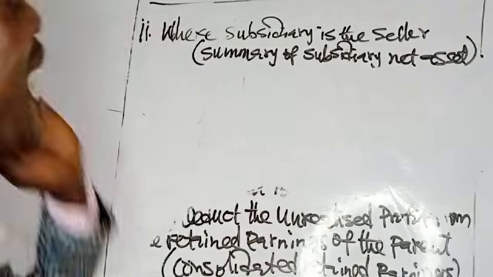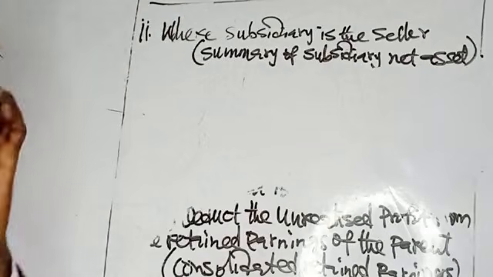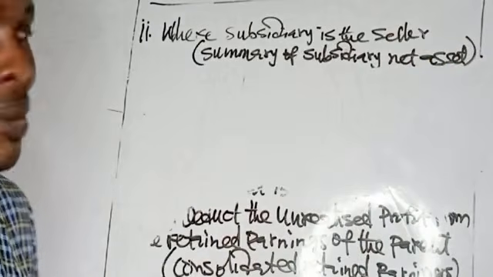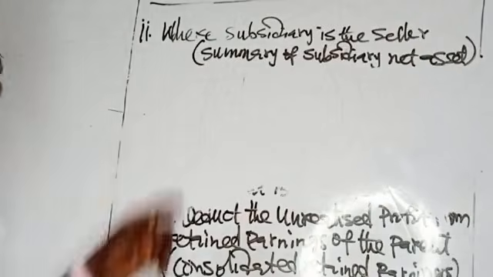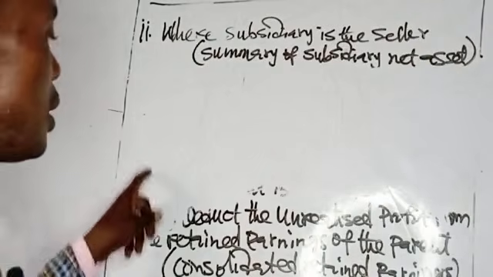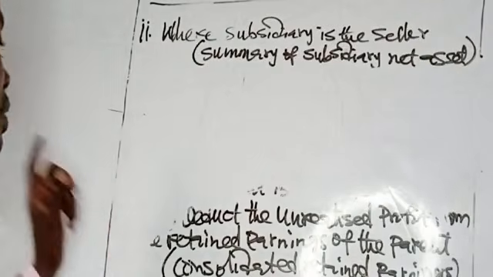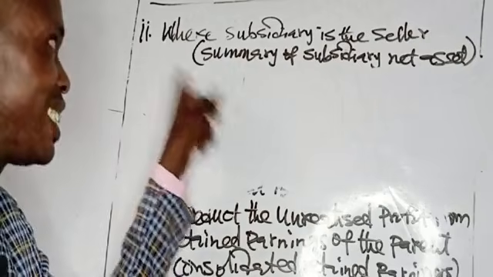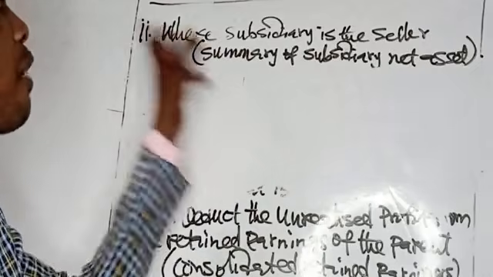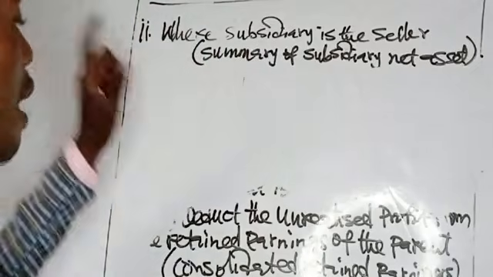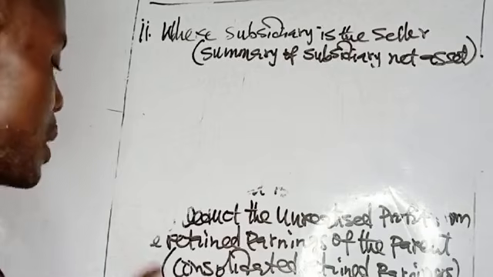So where subsidiary is the seller, that means the unrealized profit will be deducted from the subsidiary's retained earnings and from the consolidated inventory. Deduct the unrealized profit from the retained earnings of the subsidiary. Since subsidiary is the seller, deduct the unrealized profit from the retained earnings of the subsidiary and from the consolidated inventories.